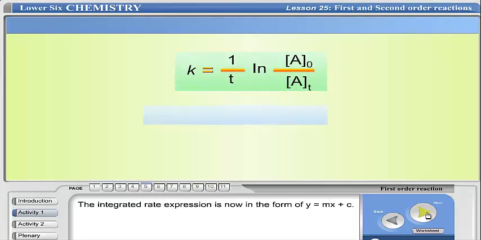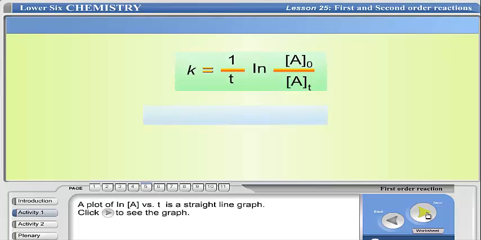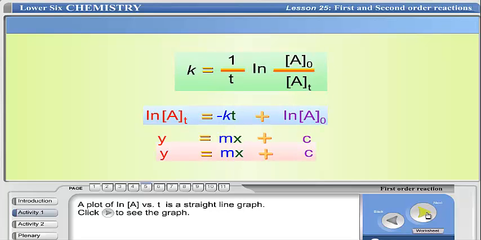The integrated rate expression is now in the form of y equals mx plus c. A plot of ln [A] versus t is a straight line graph. Click Next to see the graph.